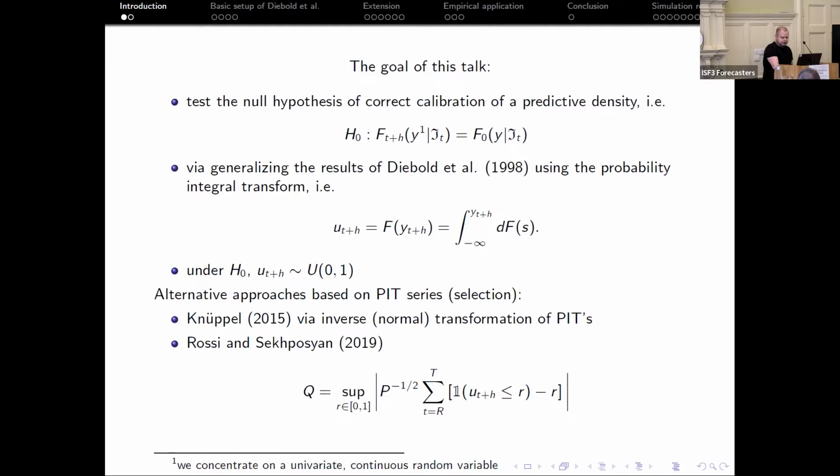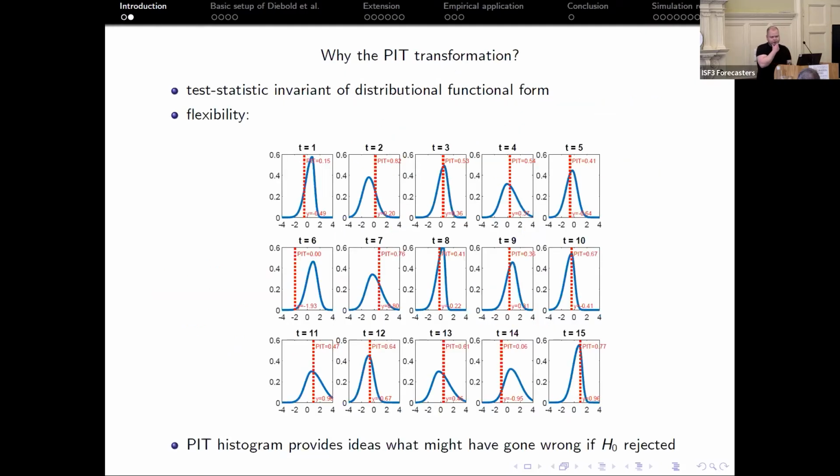All right, so why do we do this PIT transformation and not simply run a simple test? The first reason is that instead of having different test statistics, we generate new data sets, right? We always use these PIT transforms, and we have a different PIT series for a different assumption. Second is, of course, flexibility.